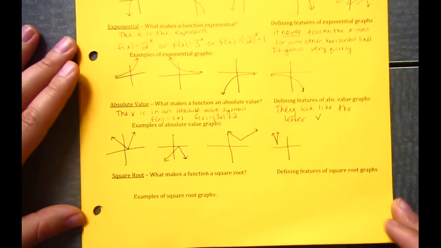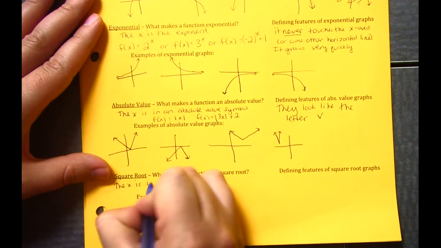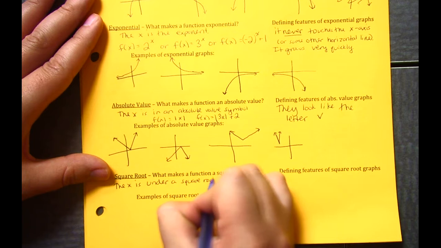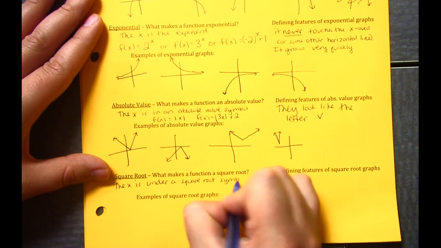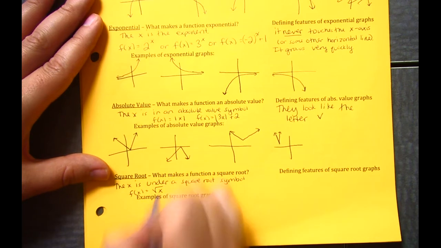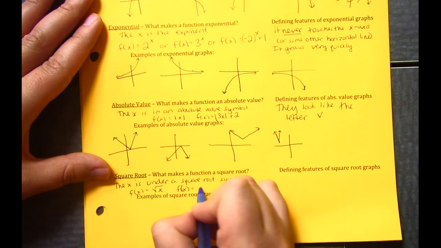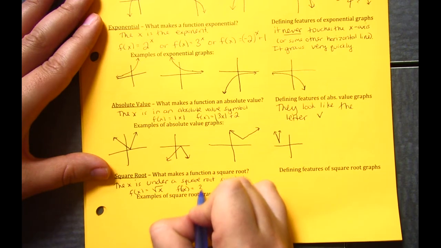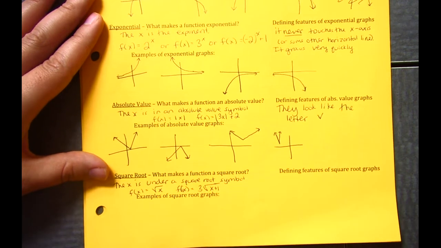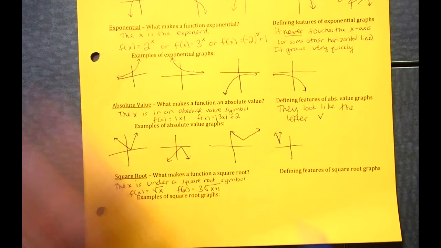And lastly, the square root function. What makes the function square root? The x is under a square root symbol. So that could look like that. Or that could look like, we'll say, 3 square root of x plus 1, all under the square root. There can be other things happening too, as long as the x is under the square root.